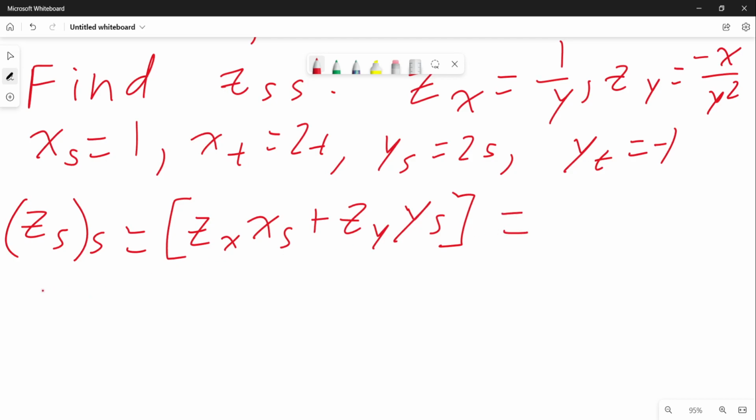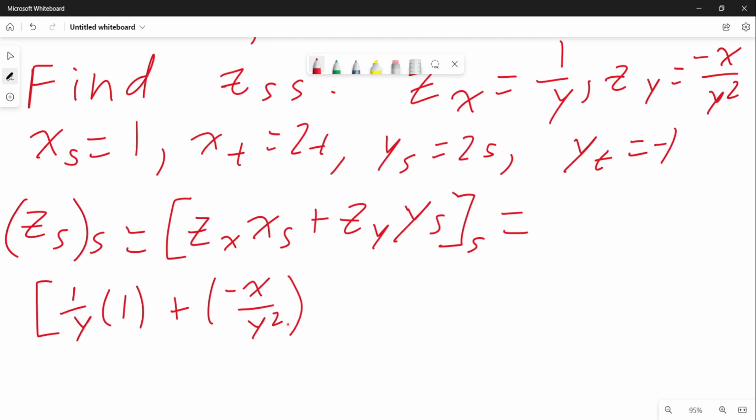So anyway, zx, and then there's an extra s out here that we have to deal with later. So we get x, let's see, 1 over y times 1 plus zy is negative x over y squared, and then y sub s is 2s. I'm really taking my time here.